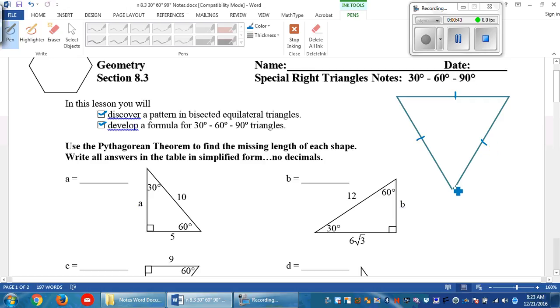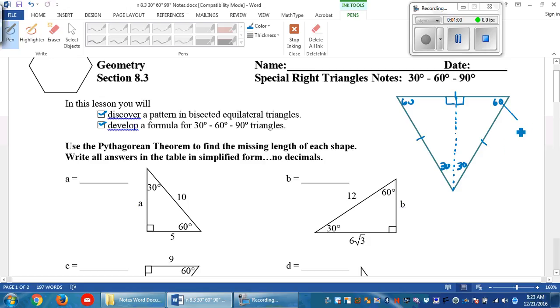You draw an altitude to the base, which breaks this up into a 30, 60, 90 triangle on both sides.